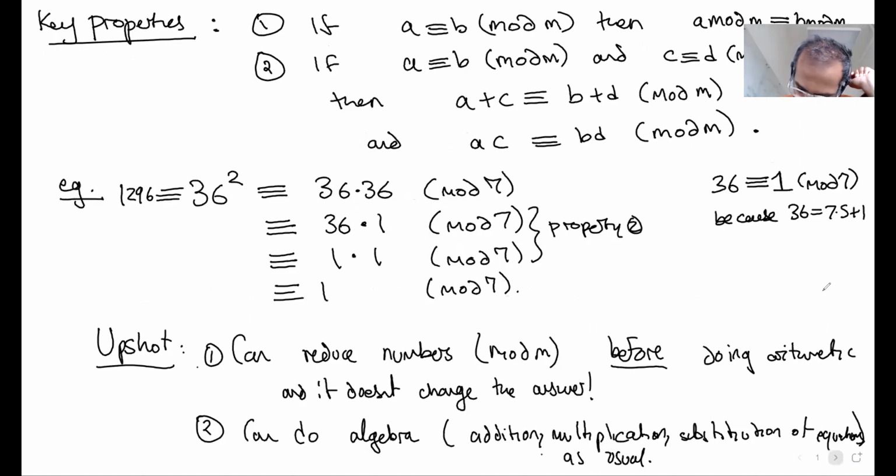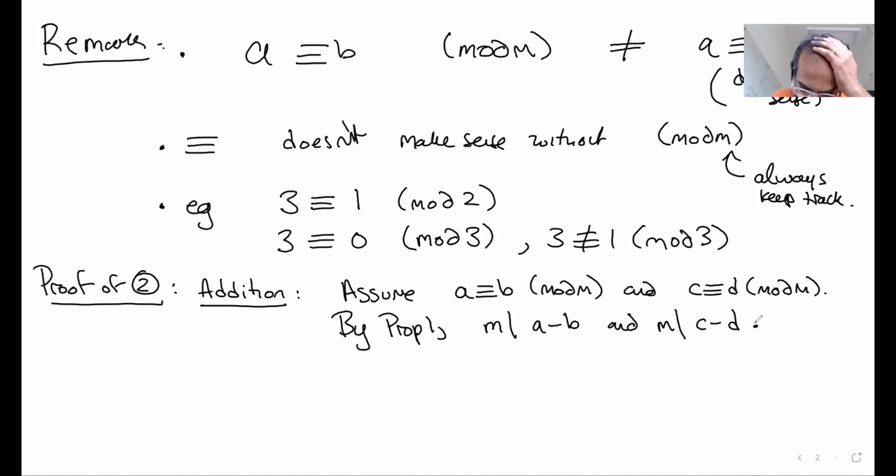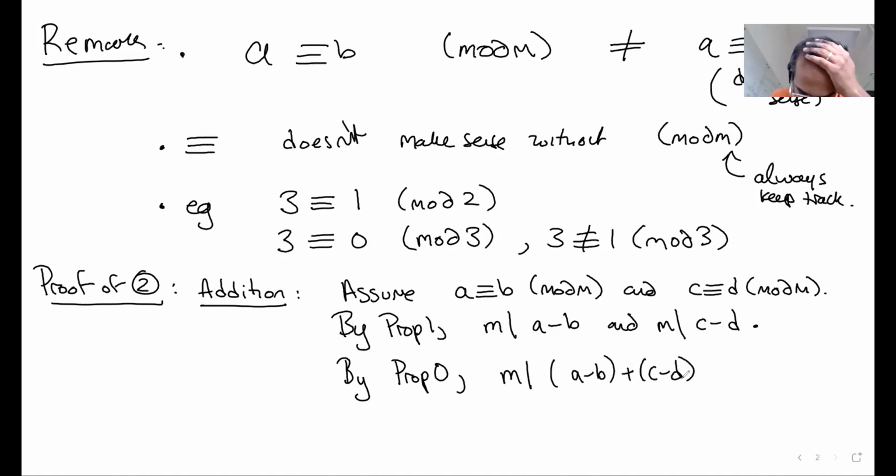So by proposition 1, this means M divides A minus B and M divides C minus D. But now by the proposition I proved in the beginning of the lecture, let's call that proposition 0, M has to divide the sum, which, rearranging the parentheses, is just M divides A plus C minus B plus D.